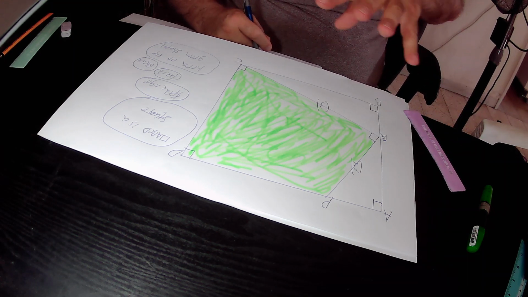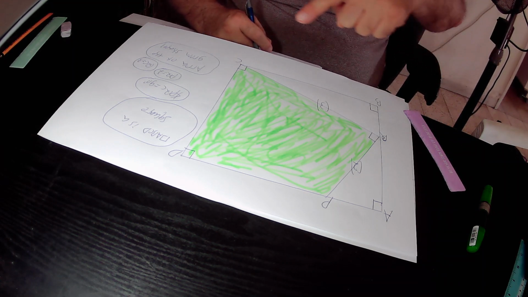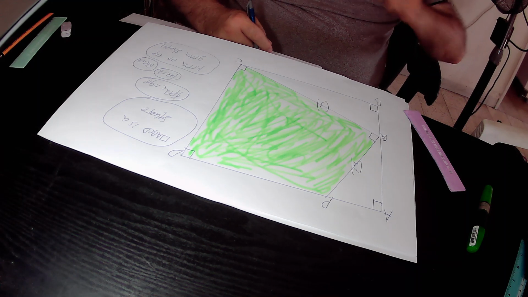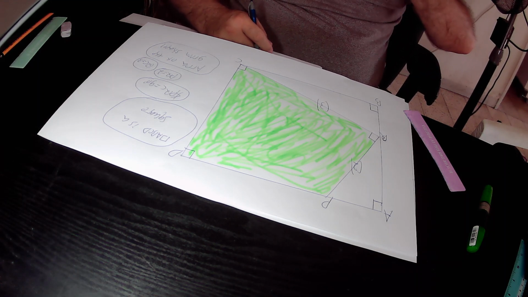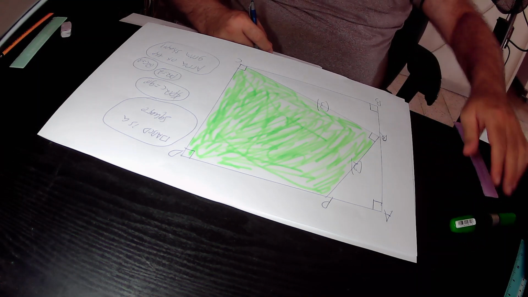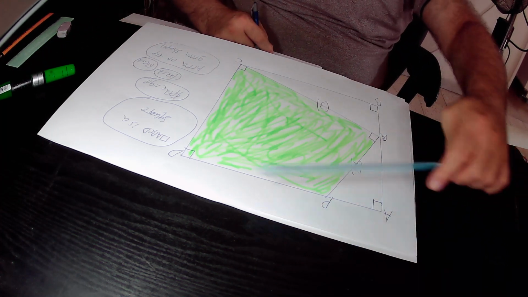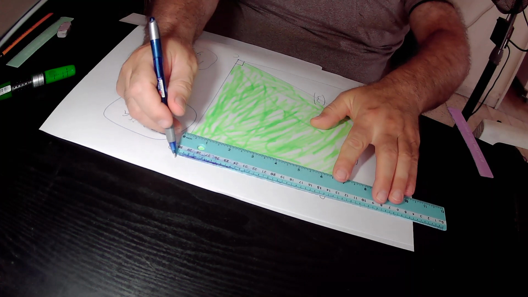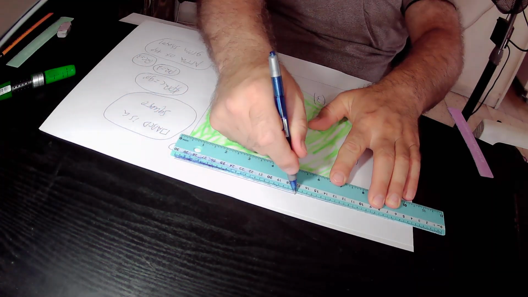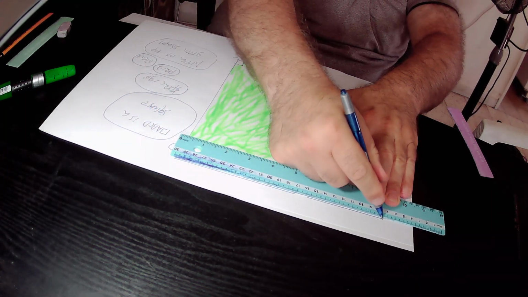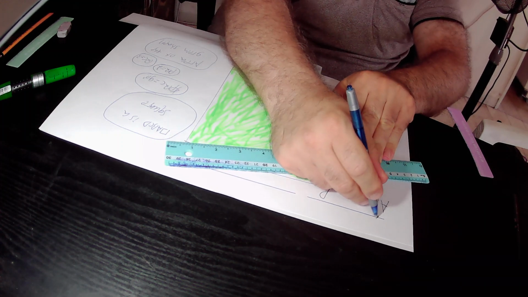We define one side of this square ABCD as A. So all the four sides must also be equal to A. That is to say, this is side AD. According to our definition, side AD equals A units in length.